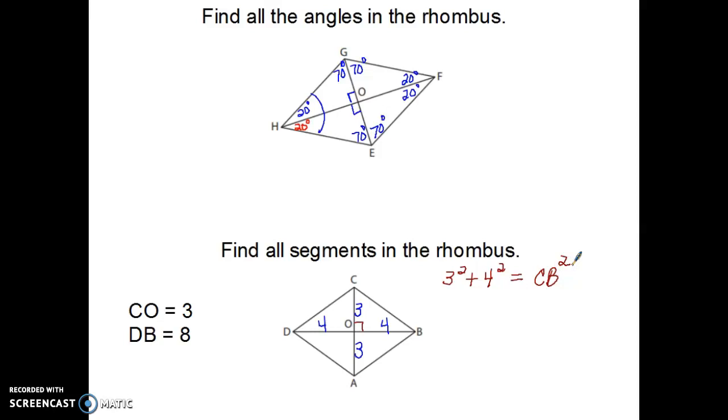And these numbers were used before, so I'm just going to skip ahead to this part. That means the length of CB should equal the value 5. Because it's a rhombus and all four sides are the same, each of those sides would each be a 5.